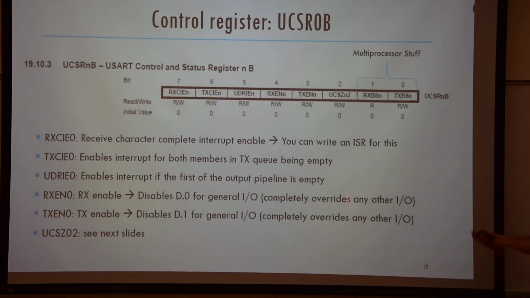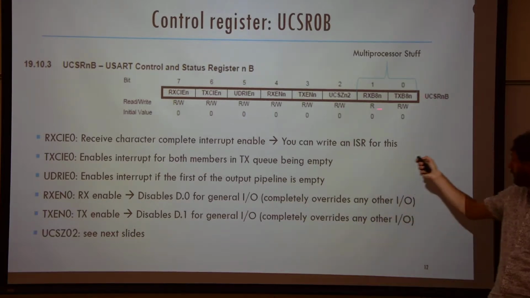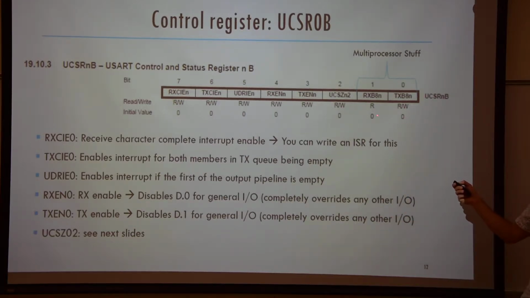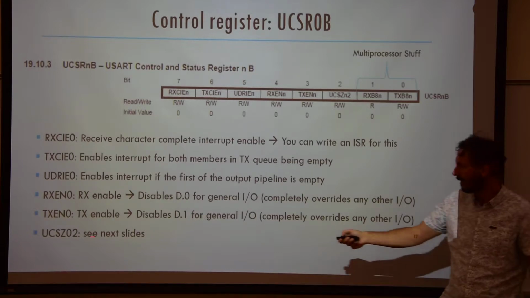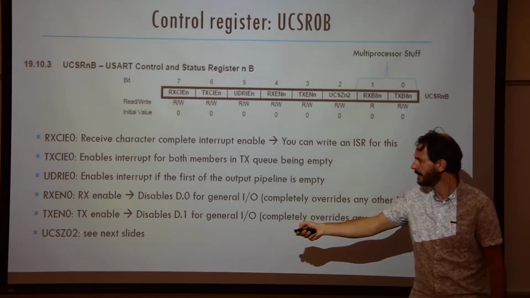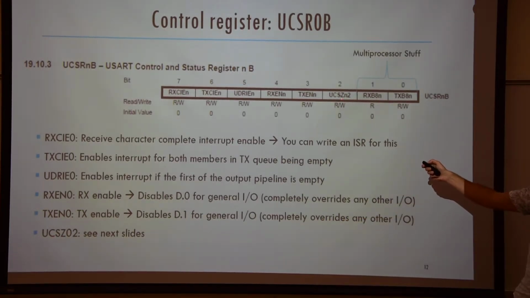So how do you do that again? You take this register and you OR it with the 1 left shift over this many positions, and also you OR it with 1 left shift over this many positions. So we'll see that in one of the next slides. Now, you see a UCSZ02 over here.